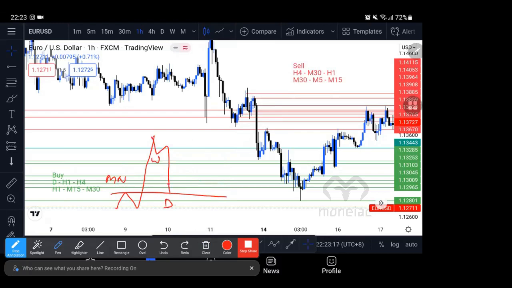So the daily is over here, and we take our entry over here. When the daily goes to its lower time frames, it's H1, M15 and M1. Let's say we did take a trade over here, but first this setup has to run. It needs to break the M5.